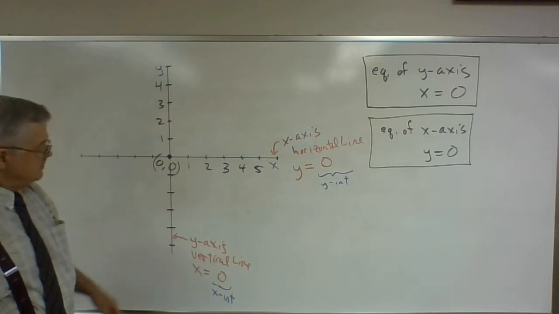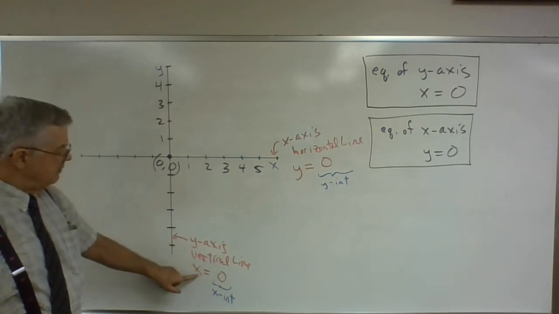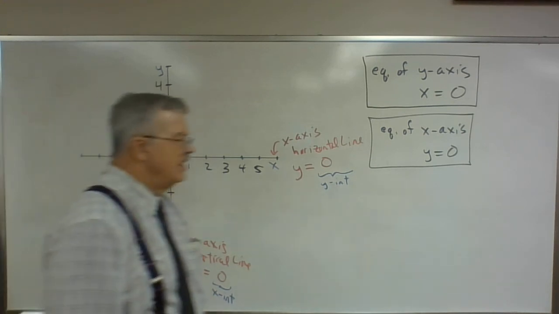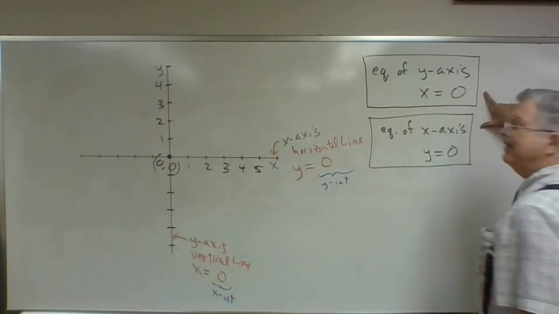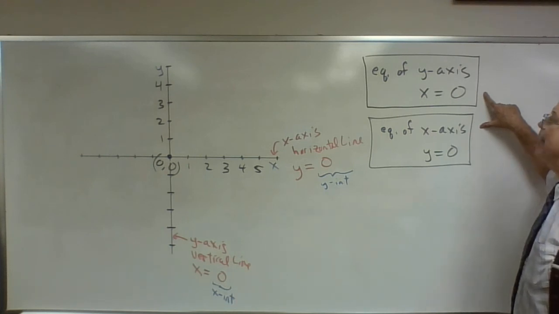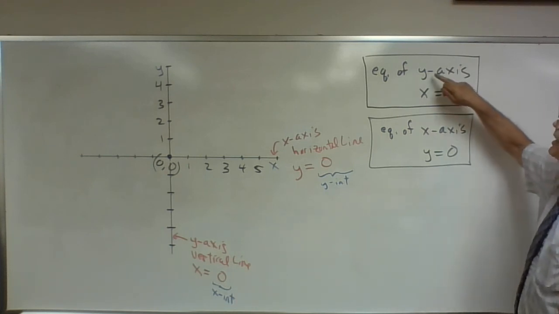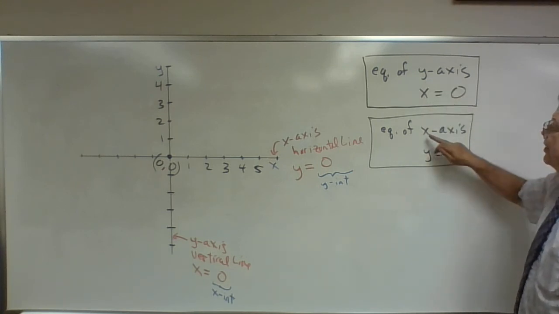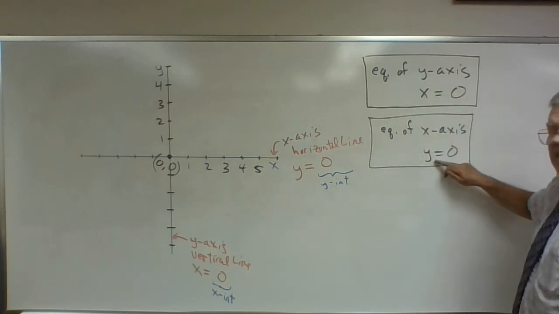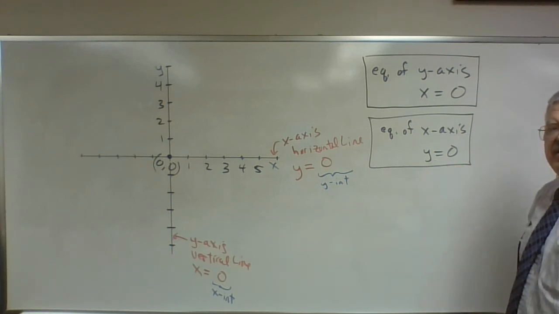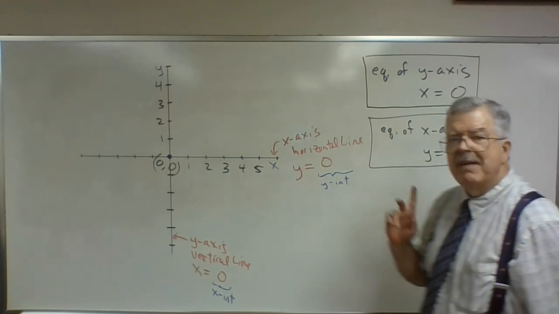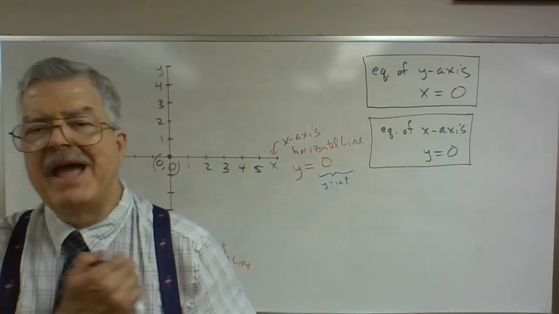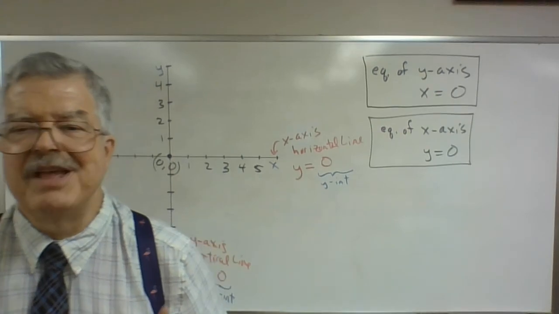So the equation of the y-axis is x equals 0. It sounds counterintuitive if we don't reason it out. The equation of the y-axis is x equals 0. The equation of the x-axis is y equals 0. That might be worth our while remembering. And now, absolutely positively, this is the end of part 2.